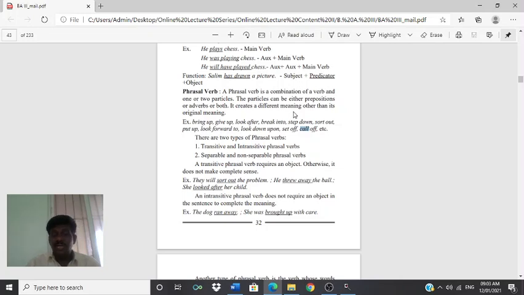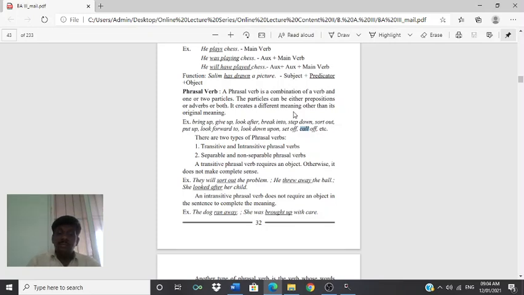She looked after her child. She looked after. If we drop the object, there is no meaning as such to this sentence. So transitive phrasal verbs require an object. Without an object, a transitive phrasal verb will not convey the meaning that we are supposed to explore.